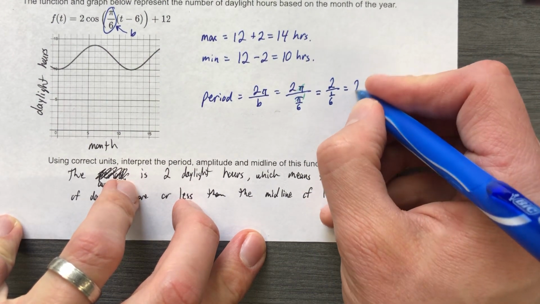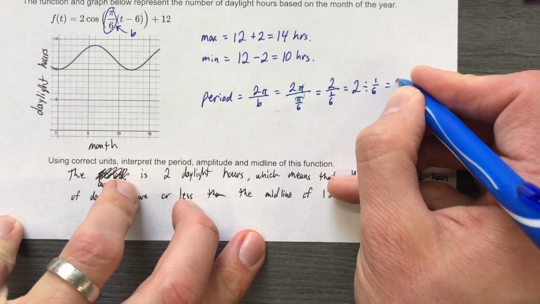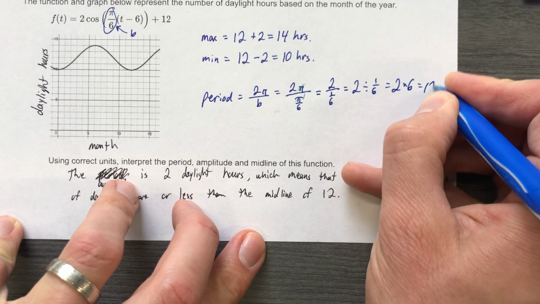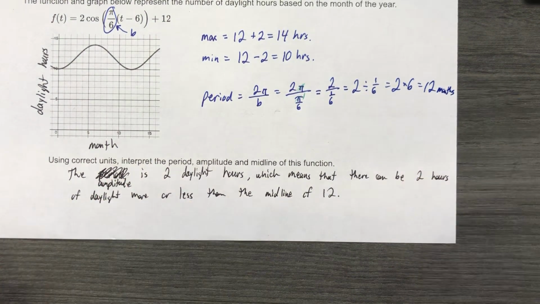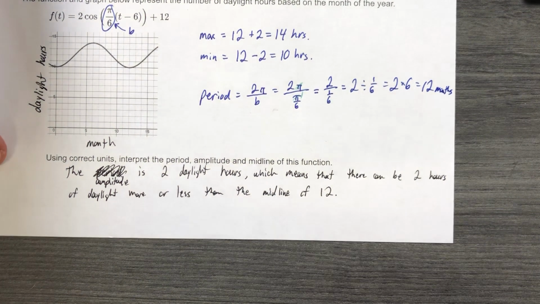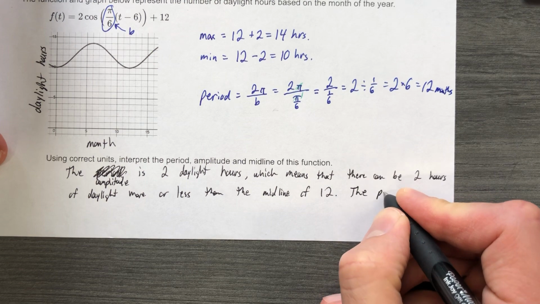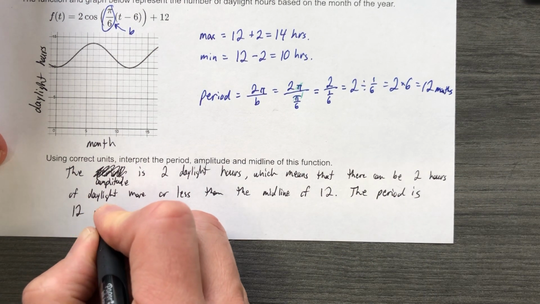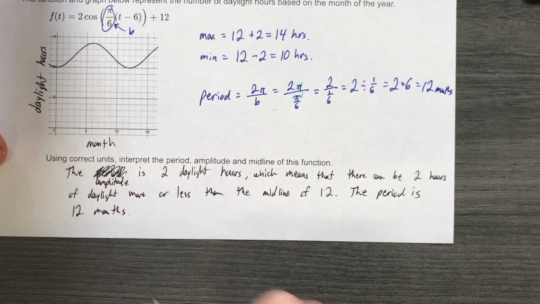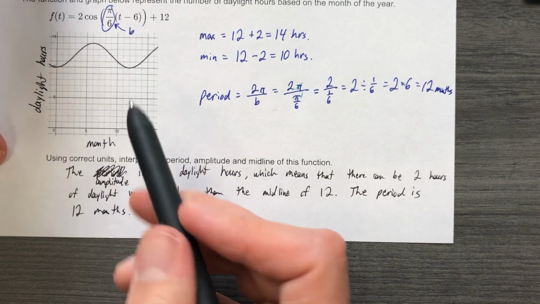Well, when you do 2 divided by 1/6, you really have 2 times 6 over 1. So 12. 12 what? 12 months. That makes so much sense. That's a year. The period is 12 months because at the end of 12 months, the year's over and the whole cycle starts again.